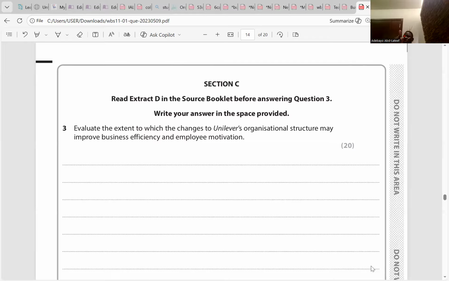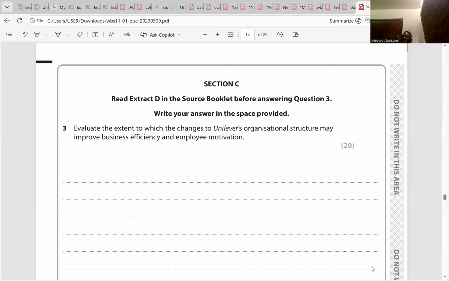If motivation is improved, it increases productivity, and if productivity increases, it brings about efficiency. We're talking about productivity, efficiency and motivation again. Workers just need to be happy; if things are done well, they will be happy, and that improves motivation.